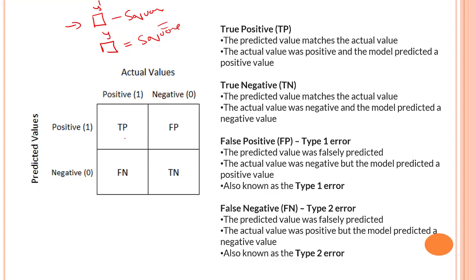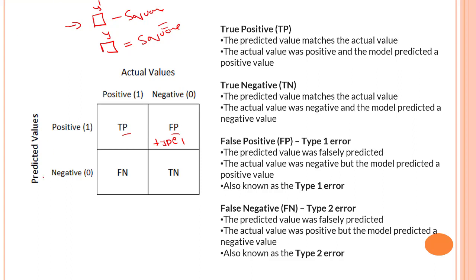Then we have false positive. False positive is known as type 1 error. Always remember this. Whenever you go for any interview, people will ask you about the confusion matrix, and they will ask you what you mean by type 1 error. Type 1 error is nothing but false positive, when the predicted value was falsely predicted.